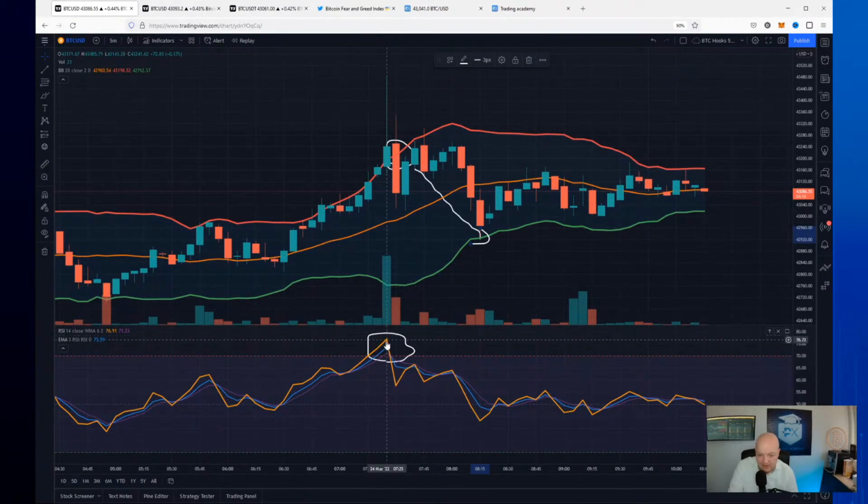So we want really, and this is why I call it RSIHooks, that the indicator pierces through, really steeply pierces through. But you can see in this case, we would have entered already well below the upper Bollinger Band. In this case, you still could have earned a little bit of money with this trade. You see the market reversed first again, but eventually it would have touched here the lower Bollinger Band.